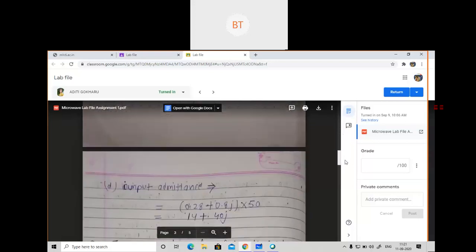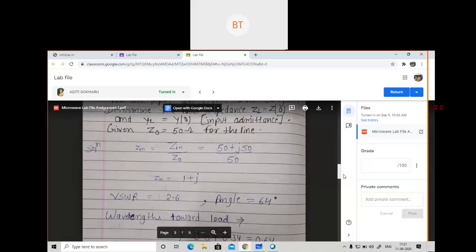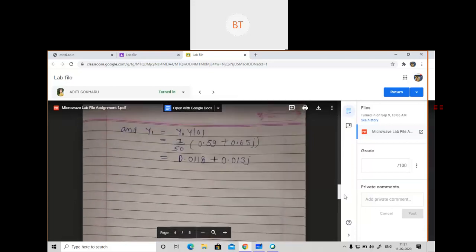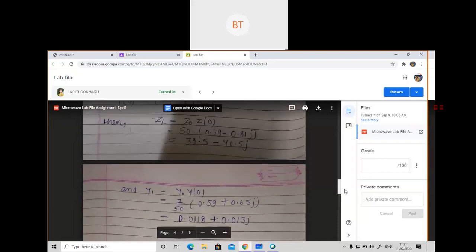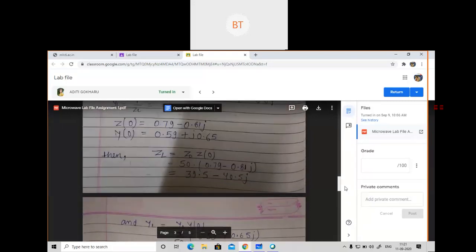For the second question, I have to check. She has got 0.018, and for the J part she has got 39 point. Okay, approximately you are correct, not 100%, some calculation mistake was there, so I will consider it.